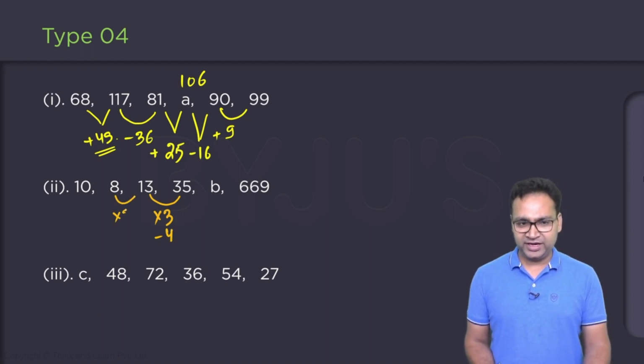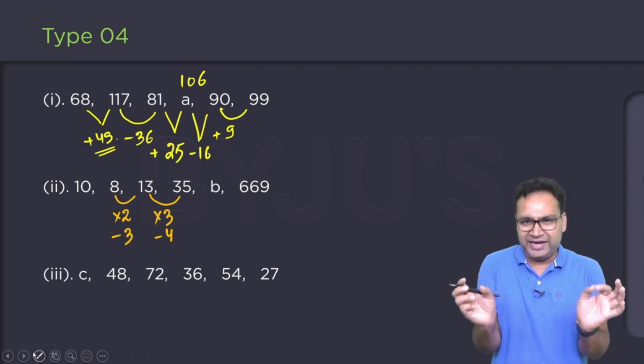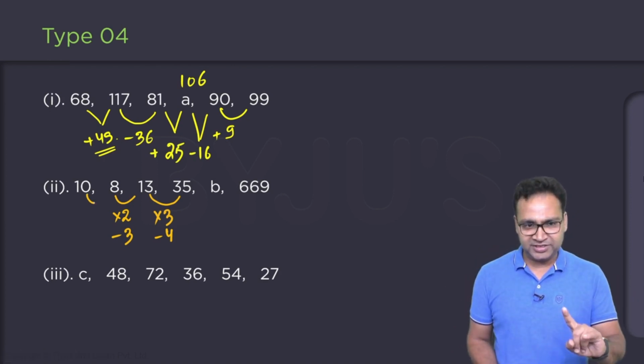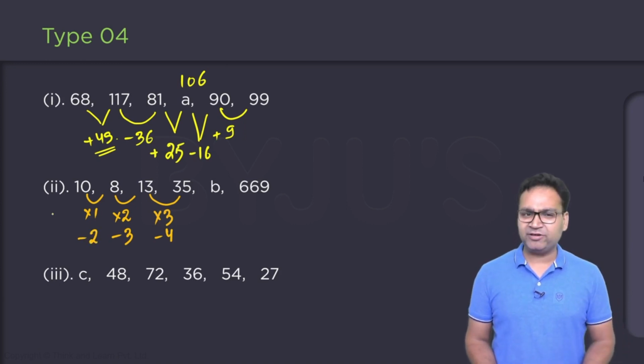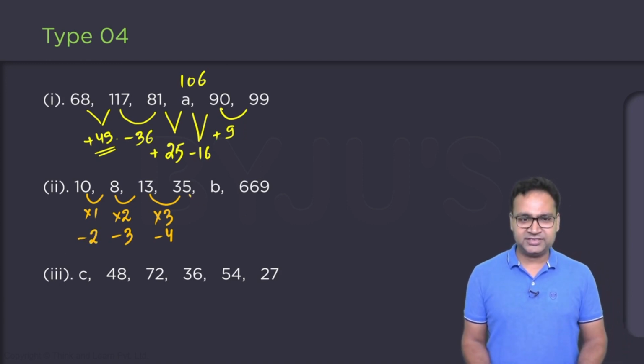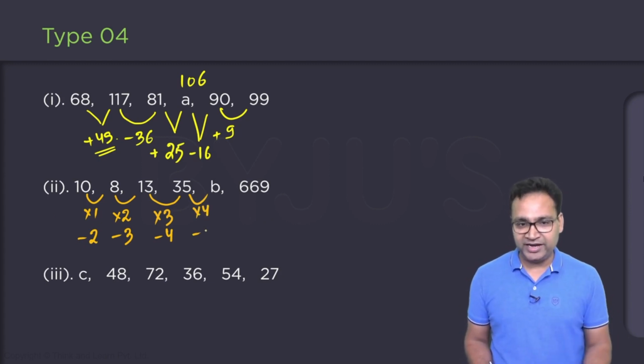If you look at this, 8 2s are 16 minus 3. Because it cannot be 8 3s minus something. That minus number will be used. Look at this. 10 1s are 10 minus 2. Yes, I got the pattern. So tell me, what is this? 35 into 4, 140. 140 minus 5 is 135.